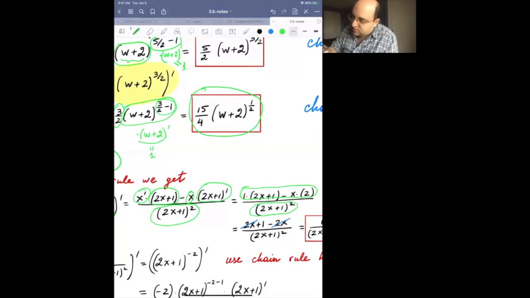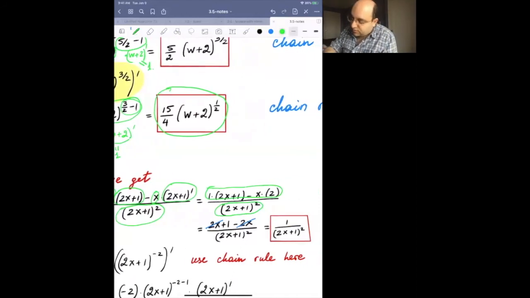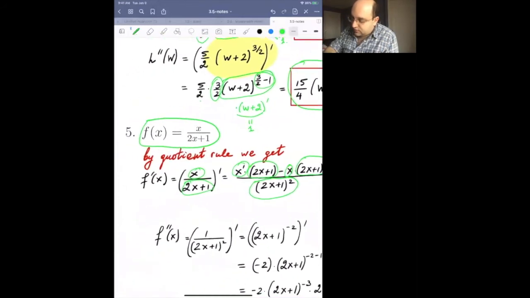If I simplify the top, I get 2x plus 1 minus 2x. 2x cancels 2x, and then I have 1 on the top divided by (2x plus 1) squared. Okay, so that's my answer for the derivative of this function.